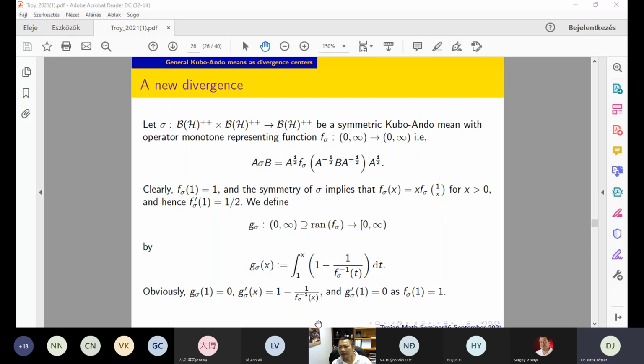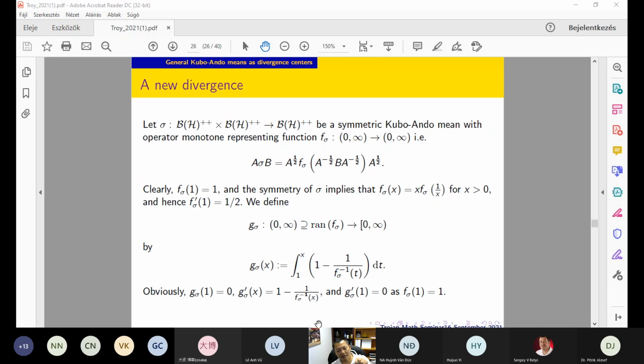Yeah. And another observation is that we have a lot of non-Kubo-Ando means. My students are trying to construct quantum divergence, and we want to have the same idea as in your paper.